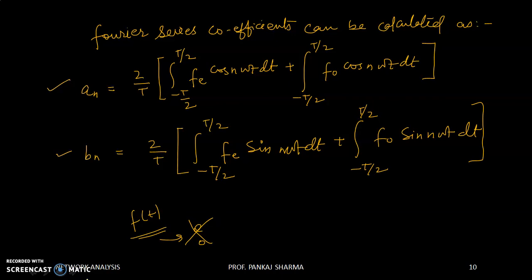Likewise, Bn can be calculated as 2 by T integral from minus T by 2 to plus T by 2 of even function sin n omega t dt plus integration from minus T by 2 to T by 2 of odd function sin n omega t dt.